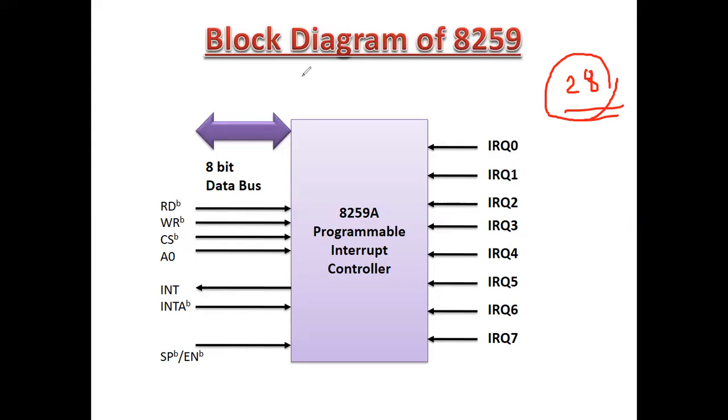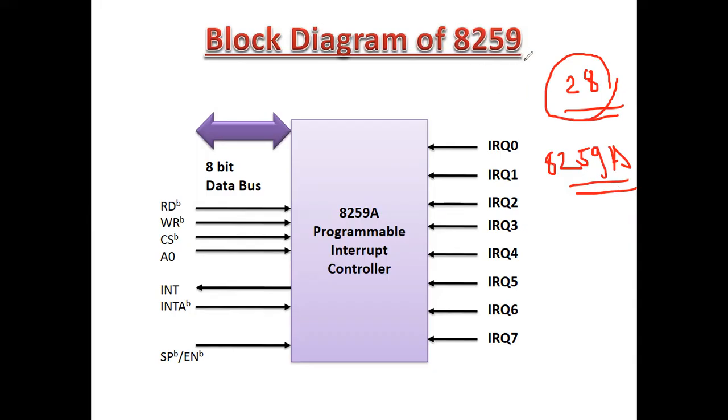And if we talk about interfacing of the interrupt controller IC with 8086, then we will use the 8259A IC. This IC will be interfaced with the 8086 microprocessor.